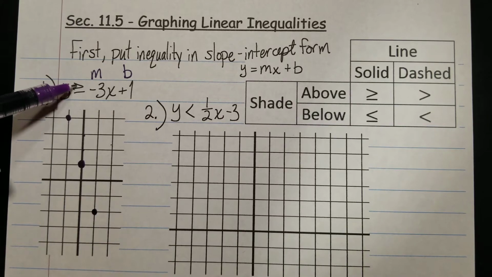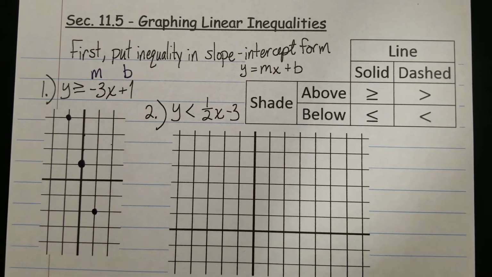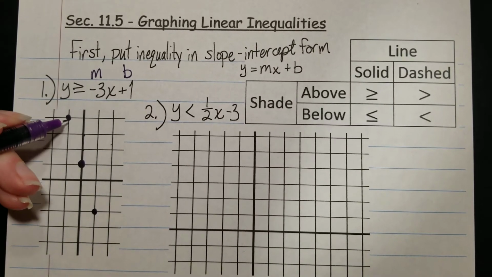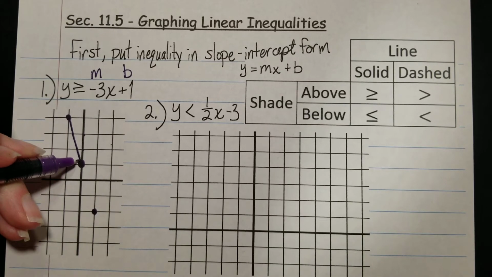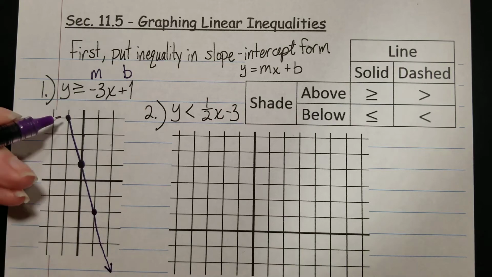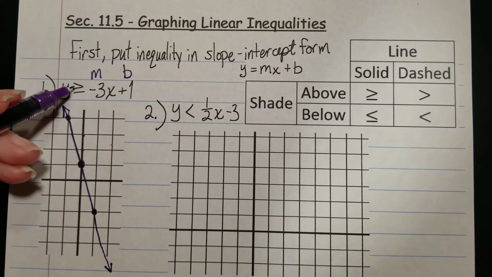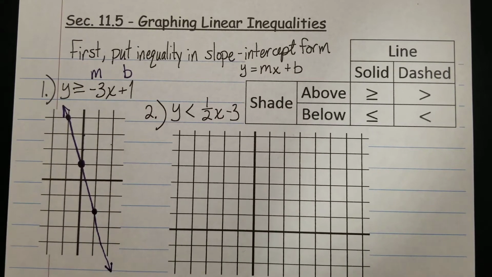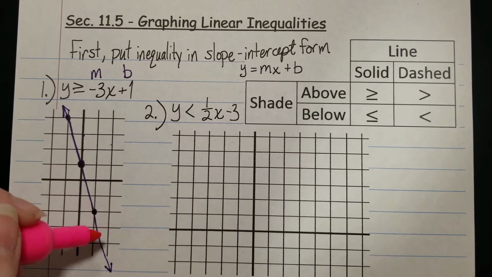All right, and this is greater than or equal to, which means I'm going to do a solid line. And then it's greater than, which means I'm going to shade above the line. Okay, so it's like if this line was a ladder or a staircase, I'm climbing on the ladder. That's the side that I'm going to shade.